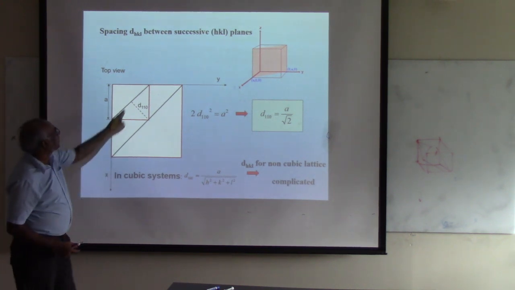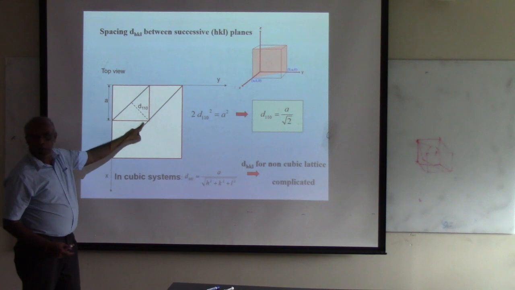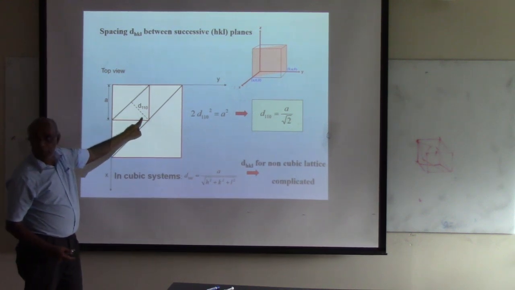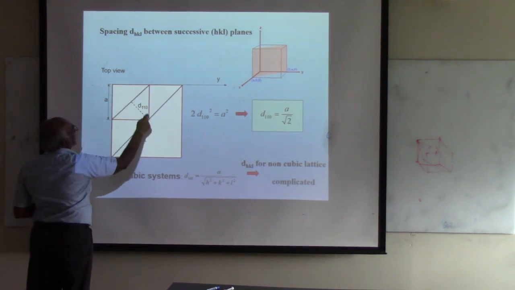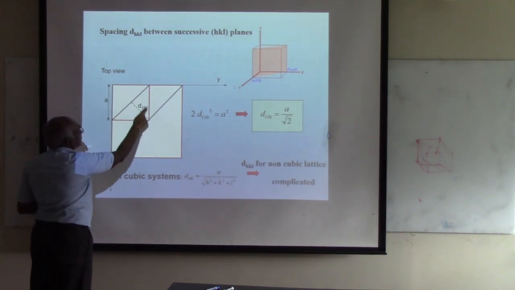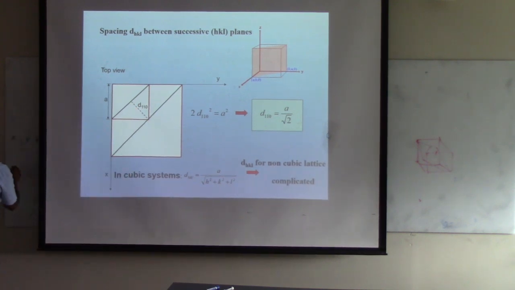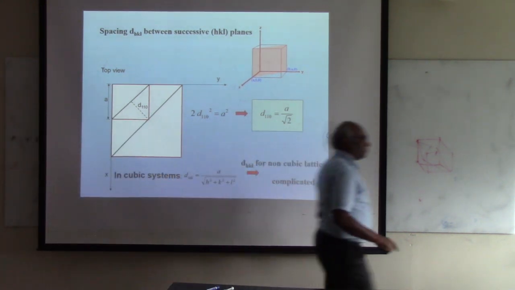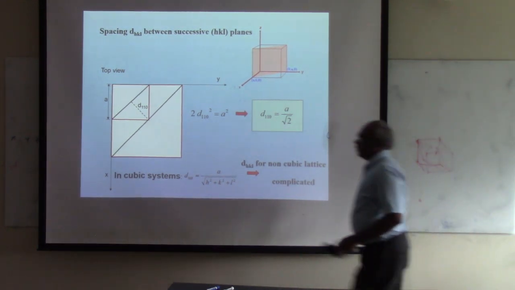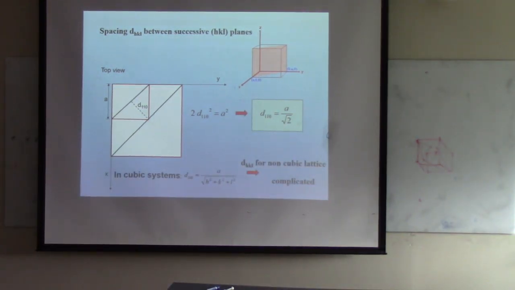So this is what we want to calculate: the distance between the 2 planes. How do we calculate that? That's pretty straightforward. We know this is A, and this is 45 degrees. So what is this distance, D1 right here? I can easily write D110.